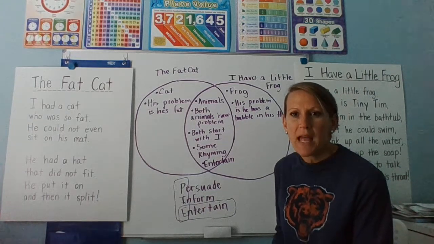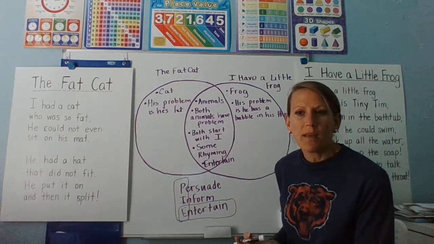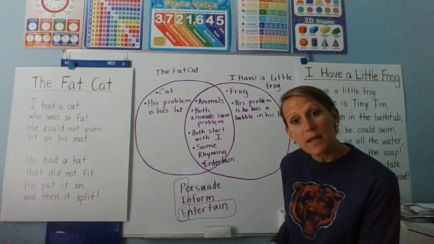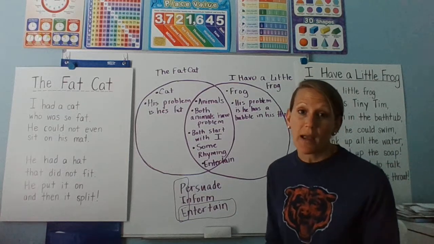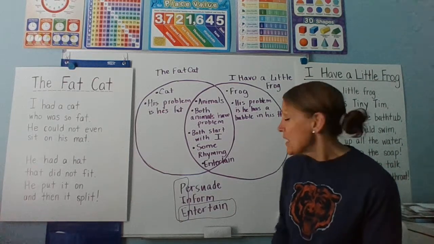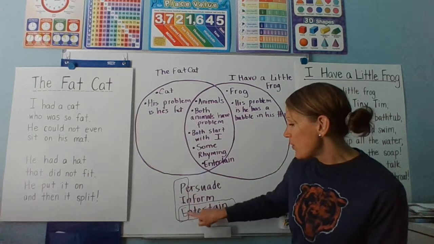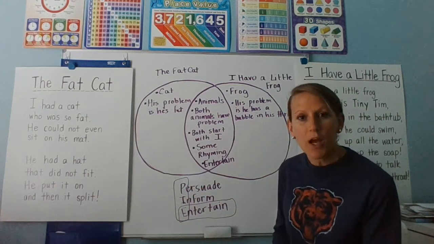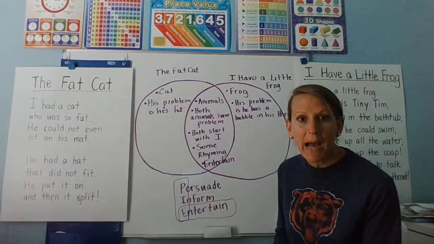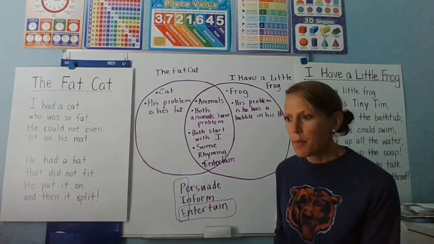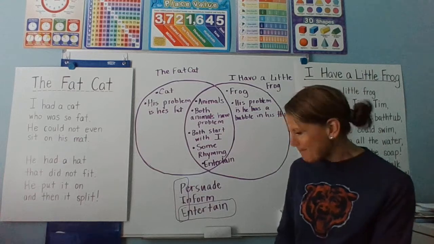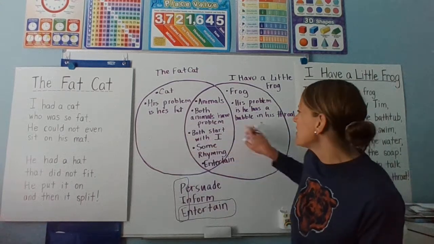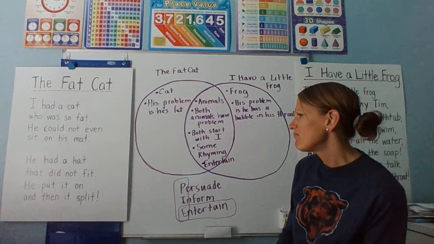The author writes something with a purpose or with a reason. And these are the three most common reasons why authors write what they do: to persuade, inform, or entertain. If it helps to remember, just think of the word pie. You can think of whether you like apple pie or chocolate pie or pumpkin pie, but think of the word pie, right? Okay.